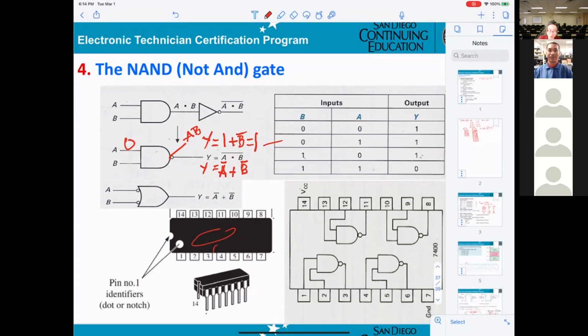That's only telling you one thing. For the NAND gate, if 1 input equals 0, the output must be 1. The other one, you don't care. That's the key point.